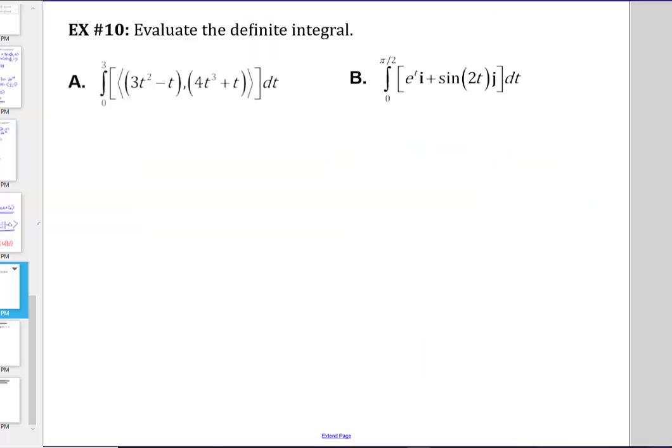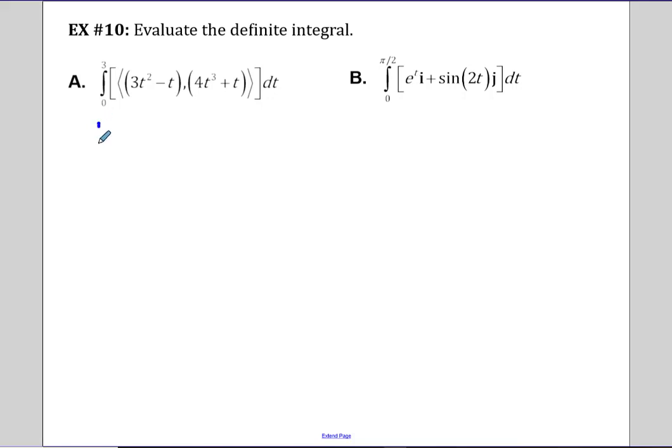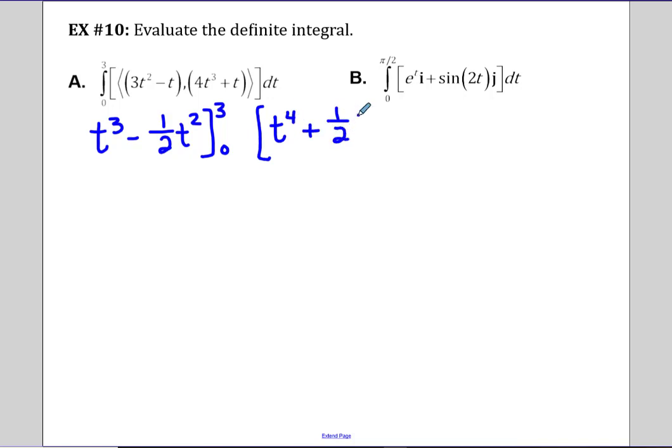Here we're going to evaluate the definite integral. So in the first case, we've got t cubed minus 1/2 t squared, evaluated from 0 to 3. And the second one, we have t to the 4th plus 1/2 t squared, evaluated from 0 to 3.